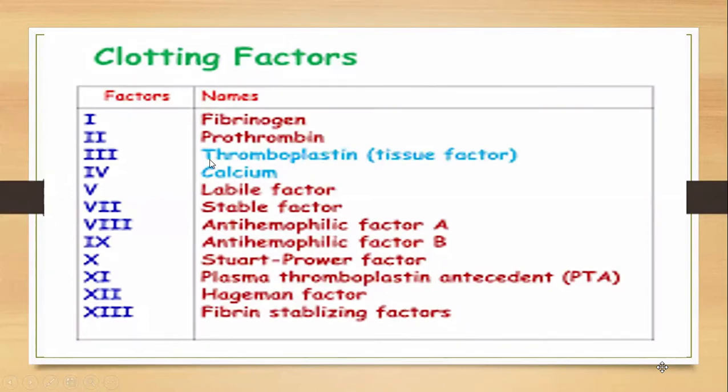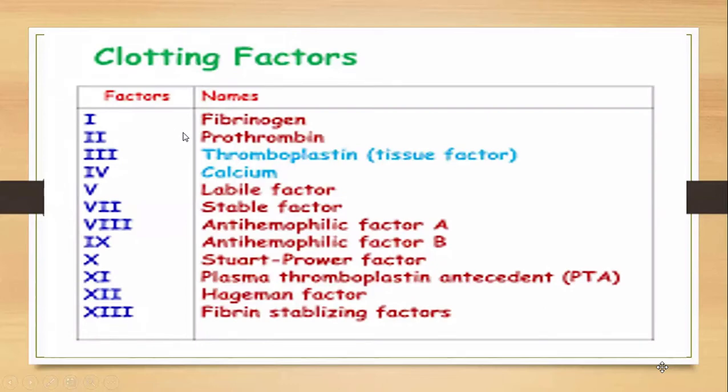I will understand if you complain, can I remember this? You don't need to remember everything. What matters is where these factors come into play during hemostasis or during the clotting pathways.